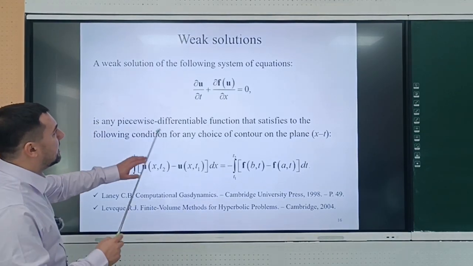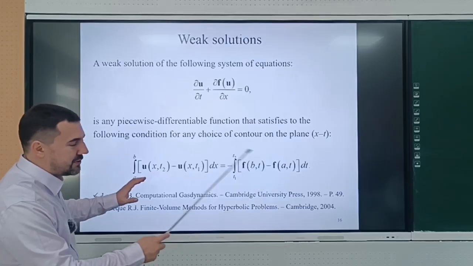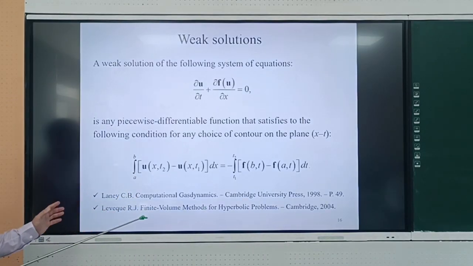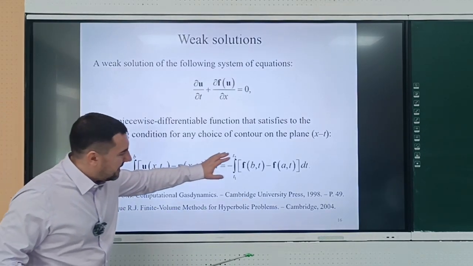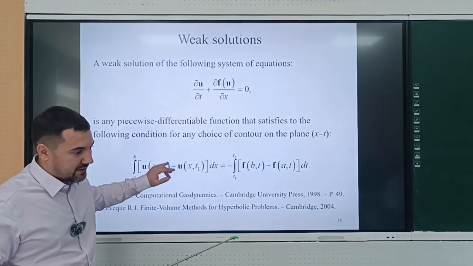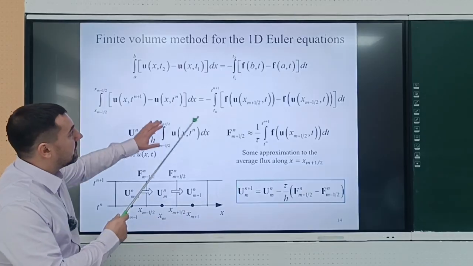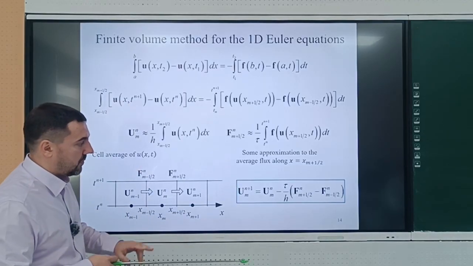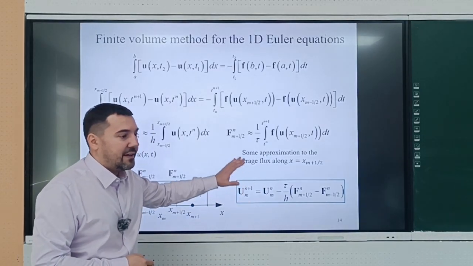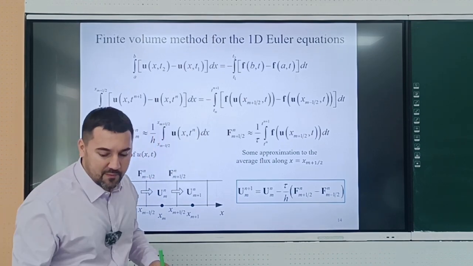So the weak solution of this equation is the solution of the integral form of this equation. So weak solutions are the solutions that can be obtained from the integral form of equations. And we obtained our numerical method from the approximation of the integral form of equations, although it looks like the same as a finite difference method.